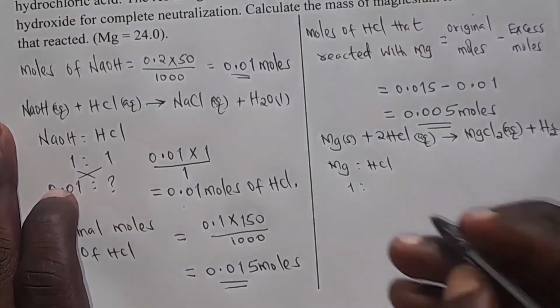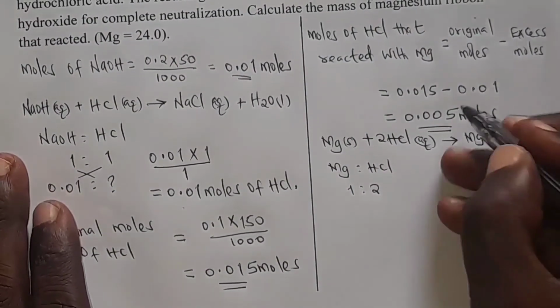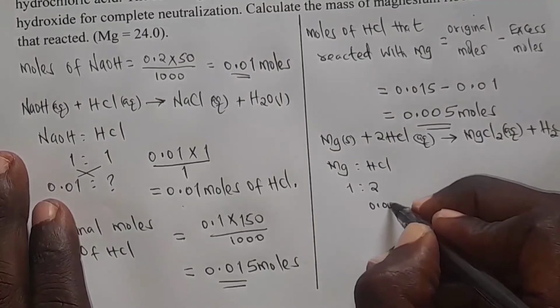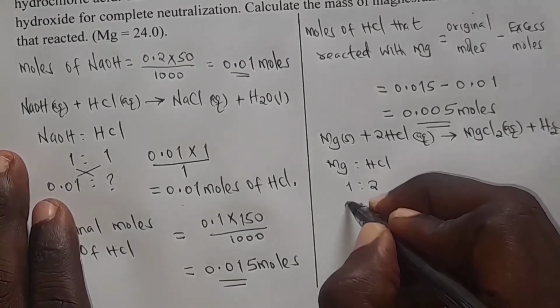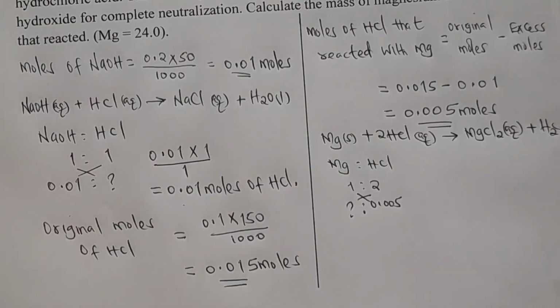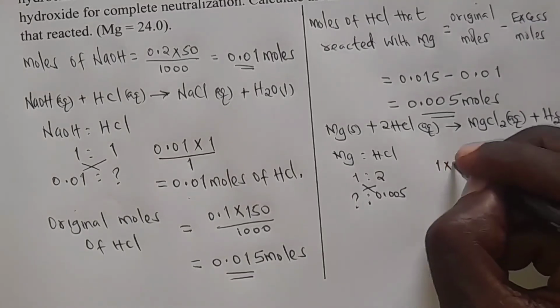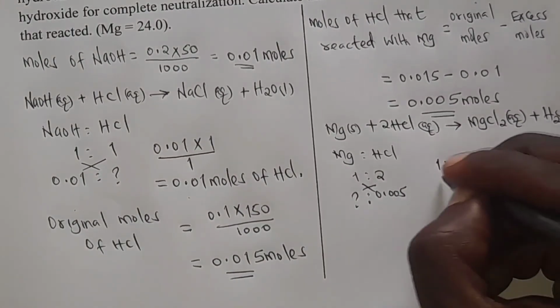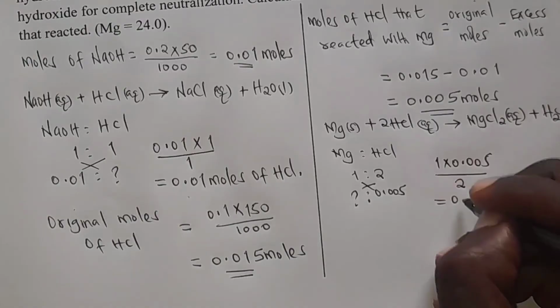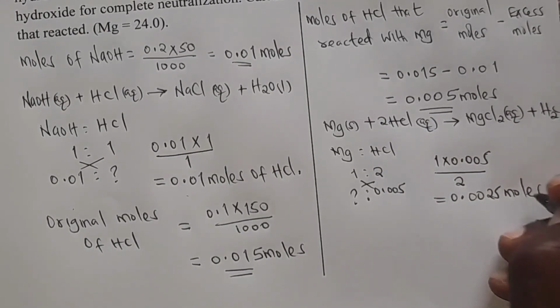It's 1:2. We have the number of moles of hydrochloric acid that reacted with the magnesium ribbon to be 0.005. What about the one for magnesium? We cross multiply: 1 times 0.005 divided by 2. This will be 0.0025 moles of magnesium ribbon.